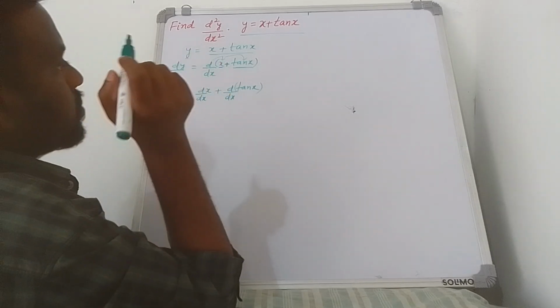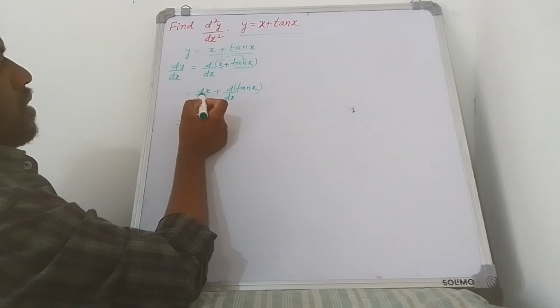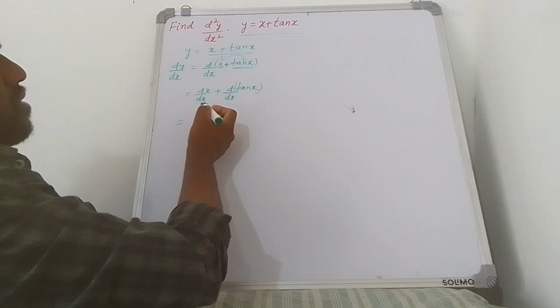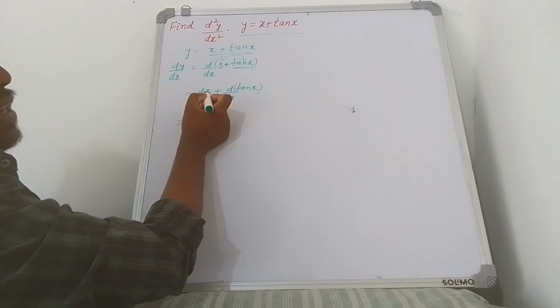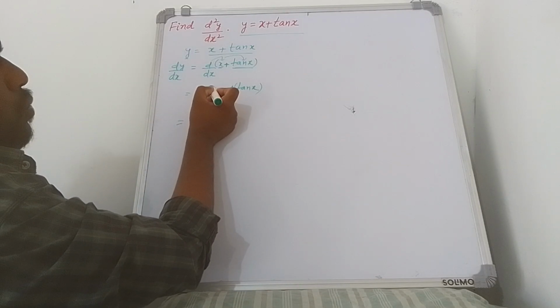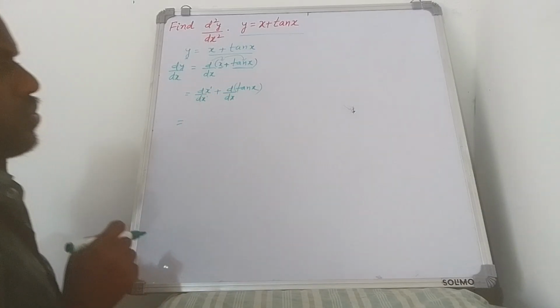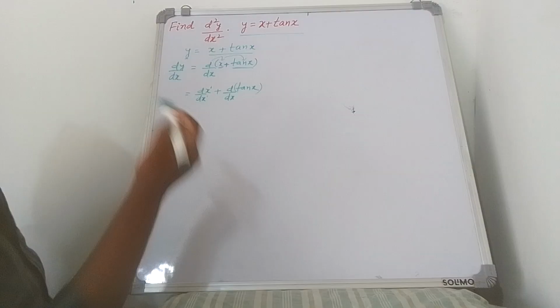Now dx, so we can cancel. See, when x has power 1 here and here, if you cancel this also no problem.